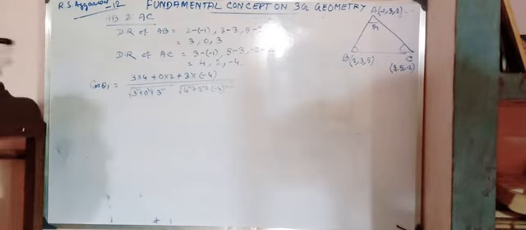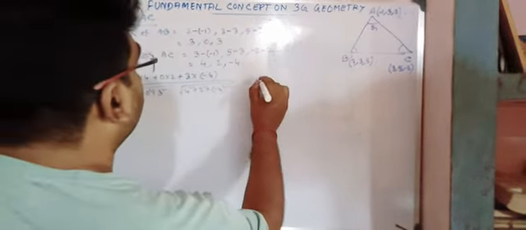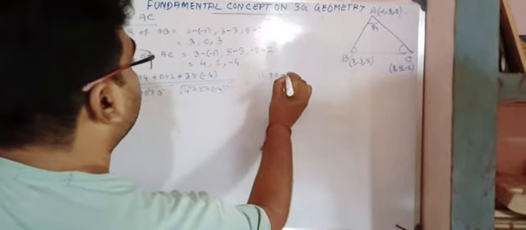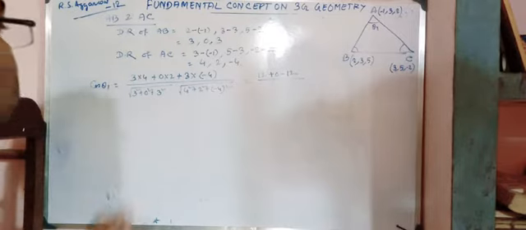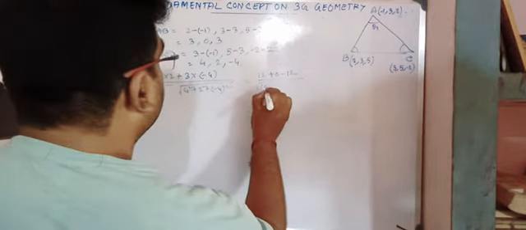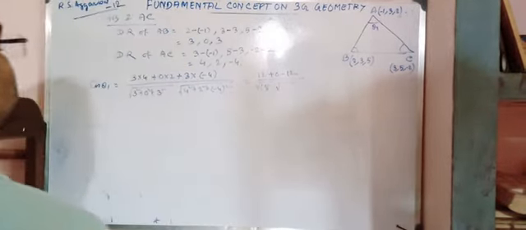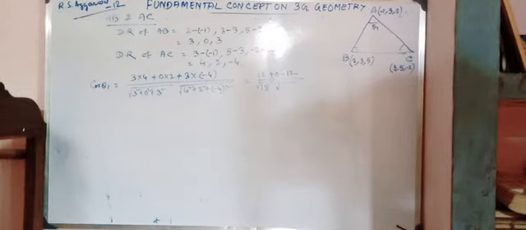So here we are getting 12 plus 0 minus 12, divided by root 18 and this is 6, I think.